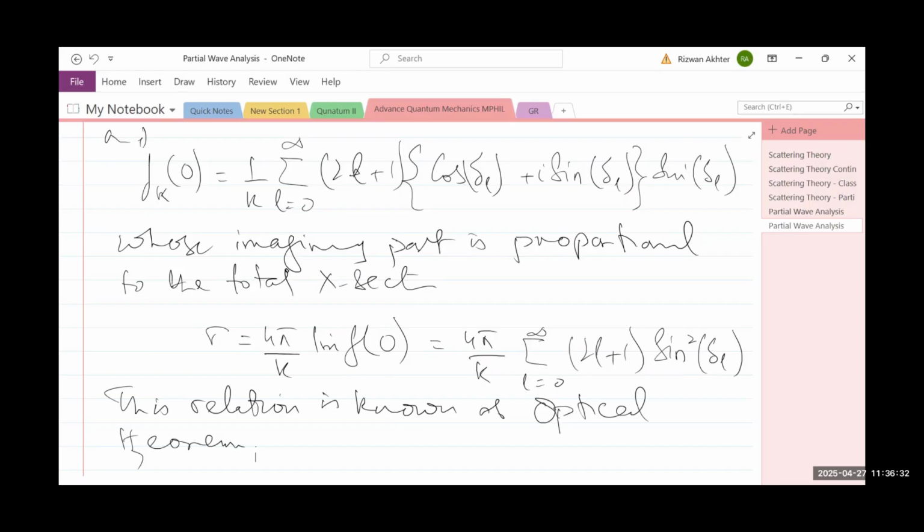So there could be no conservation of the particle number, and that would lead to some inelastic collision or inelastic scattering behavior. We could also give a physical interpretation for this optical theorem that we have written.